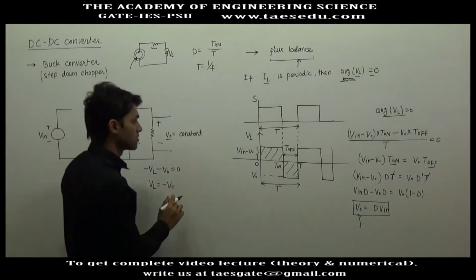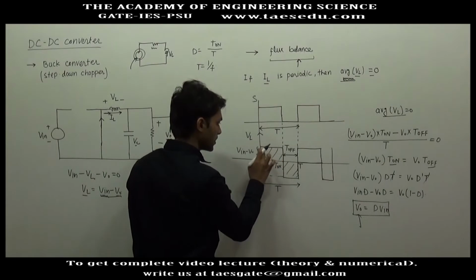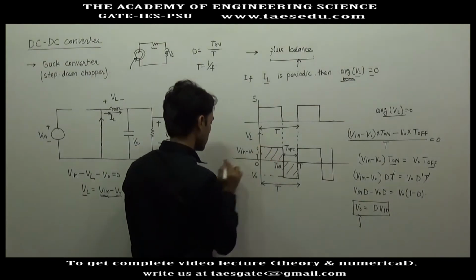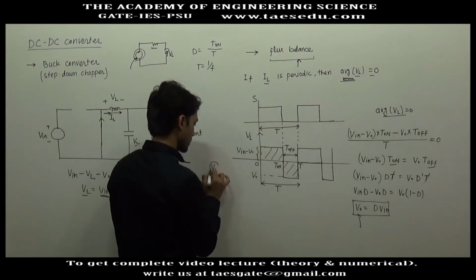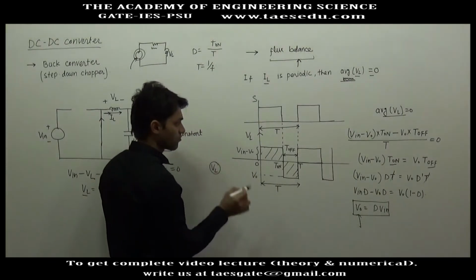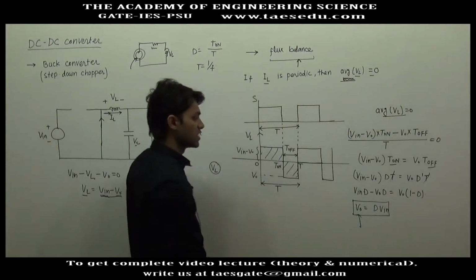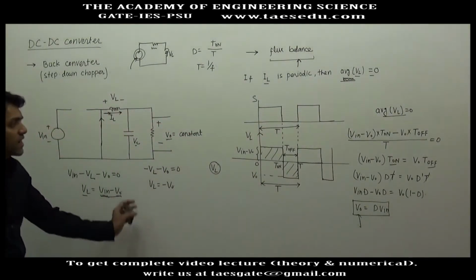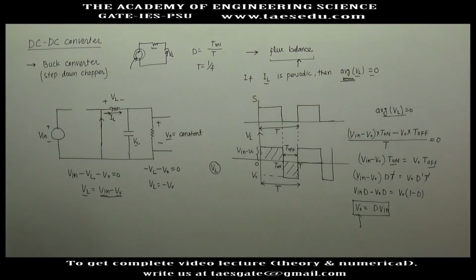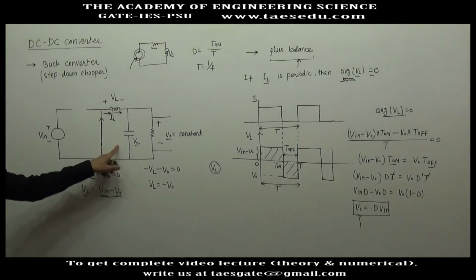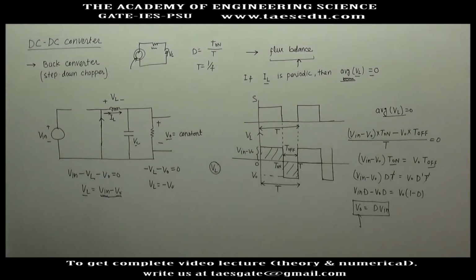If this is not constant, you cannot formulate a graph of inductor voltage, and if you cannot formulate it, applying flux balance will be very difficult. Means in that case analysis will be very difficult, and that is not asked in GATE. By connecting a capacitor only, a question will be asked in GATE or any good examination.